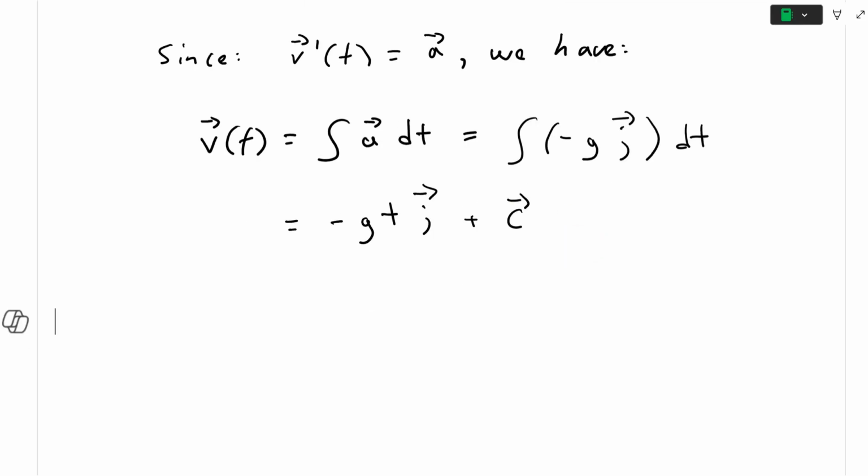Where c is just going to equal v naught at t equals 0, because you can just plug in t equals 0 here, and this is going to vanish, so you're just left with c. I'll call this v naught.